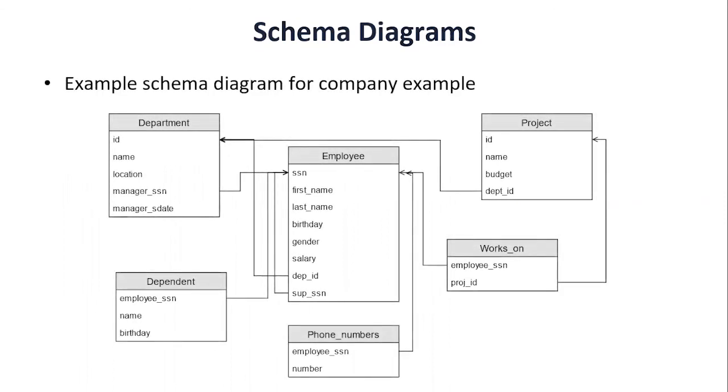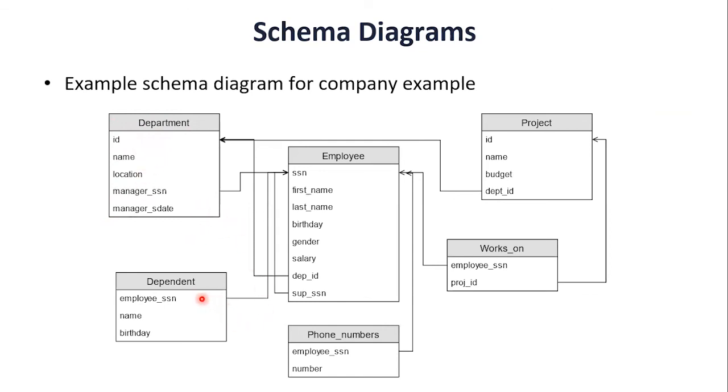So here we have an example schema diagram for the company database that we discussed in this lesson. This diagram is for the final schema that we came up with after applying the 7 steps. As you can see, we have each relation depicted as a box. The name is on the top, followed by the set of attributes as a list.